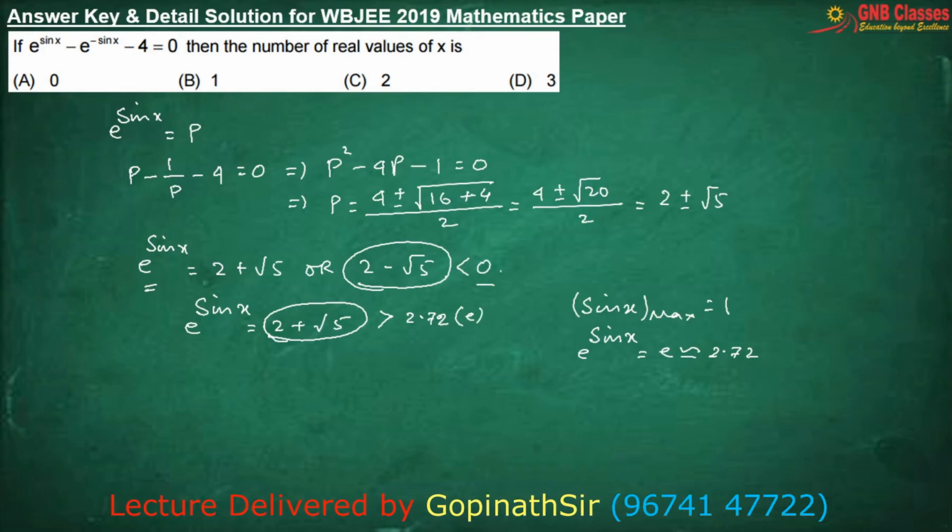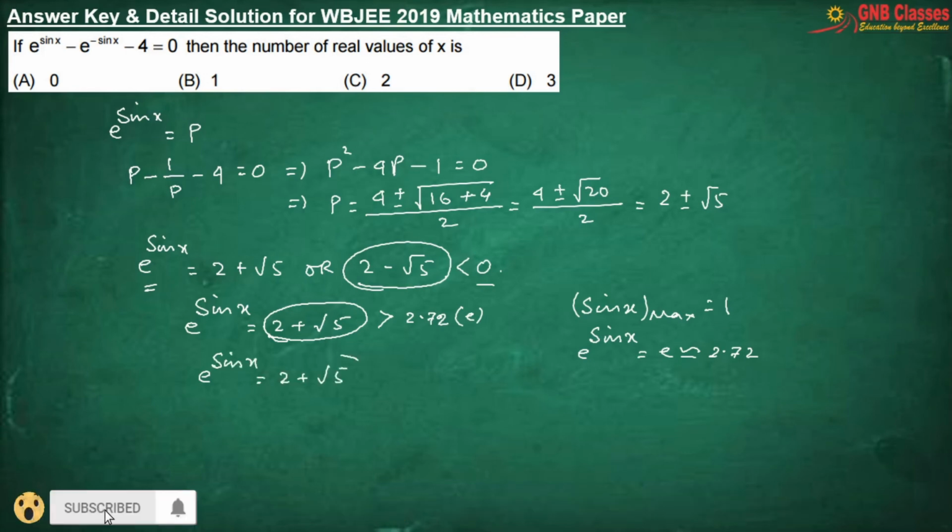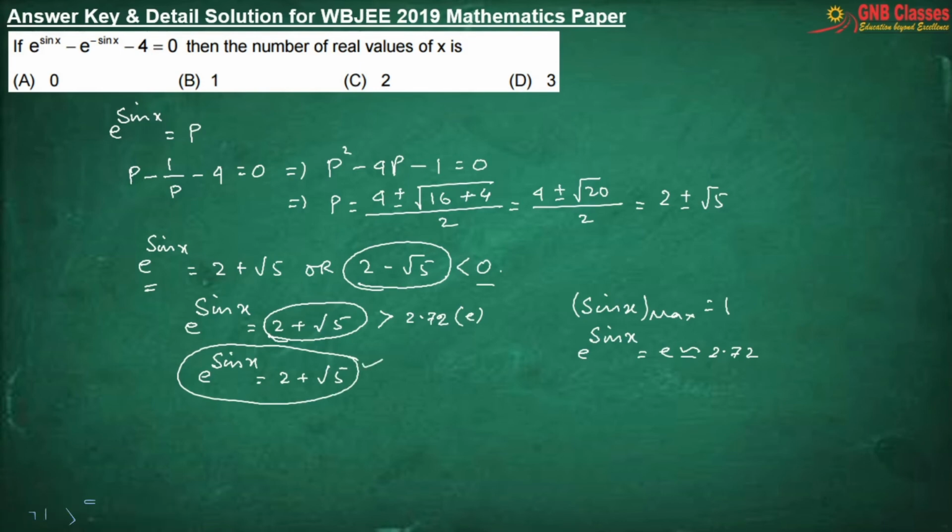Yes or no? Therefore, e to the power sin x equals 2 plus under root 5. From this equation, you are not going to get any real solution of x. Is it clear? Your option A is correct because from here we are not going to get any real solution of x. Is it clear to all of you? Okay.